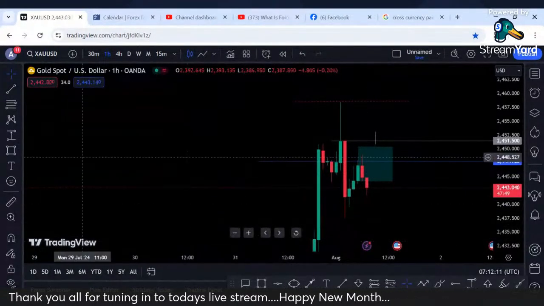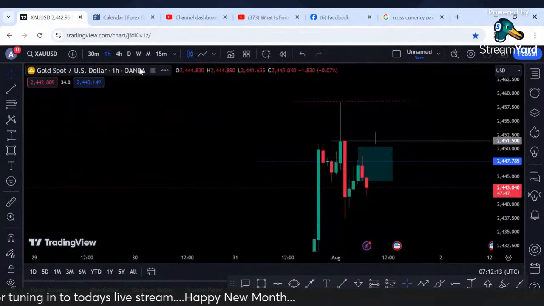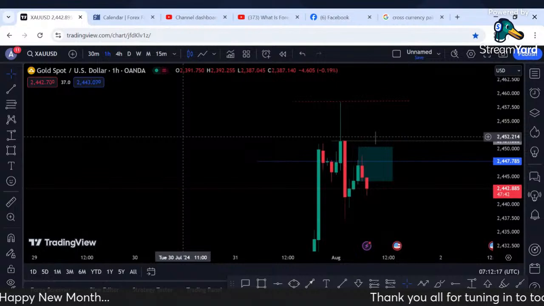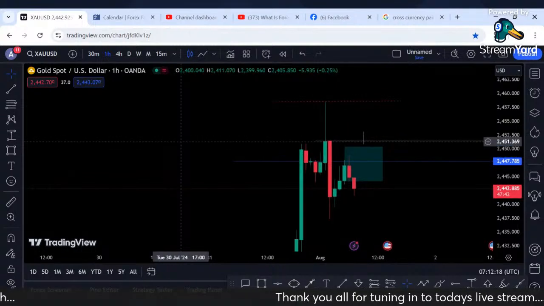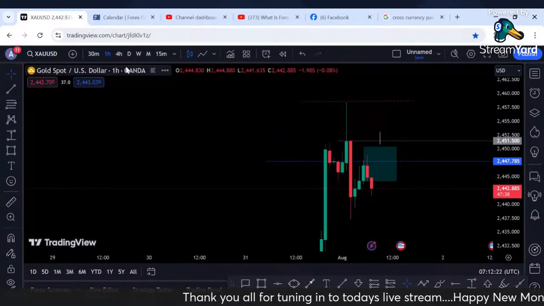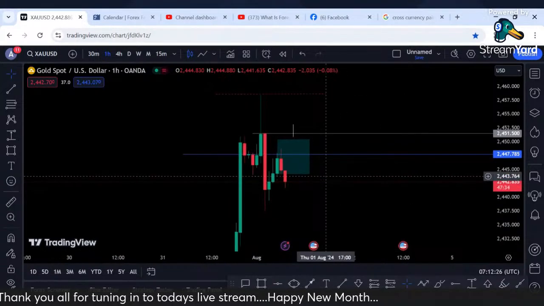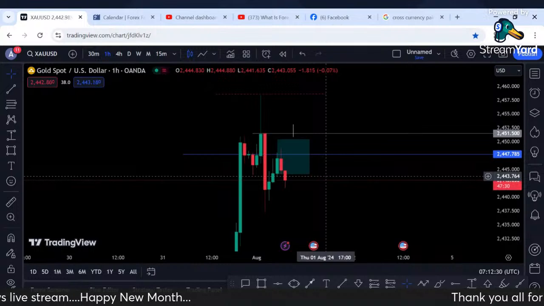So I don't use the H1 time frame often. What I use H1 to do is confirm an entry and exit. I don't use the H1 time frame to do my projection.